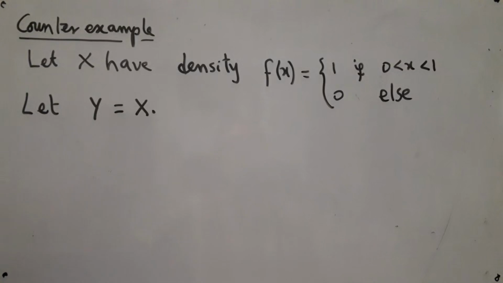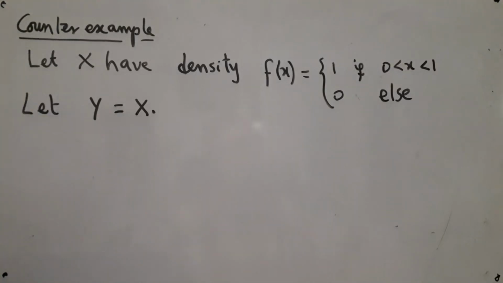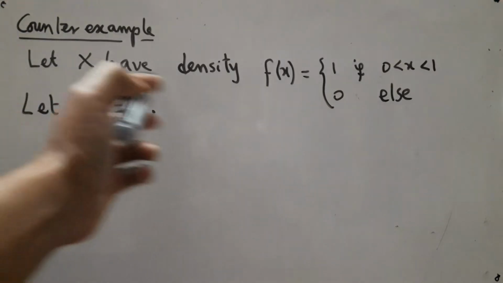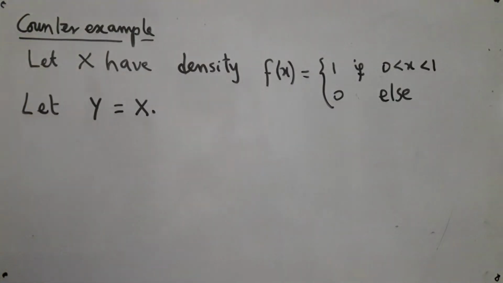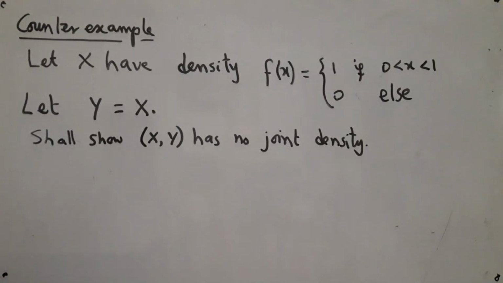So clearly they are jointly distributed because both of them are defined on the same space. They are actually the same. And y also has the same density because x and y are the same. We shall now show that the pair xy has no joint density.